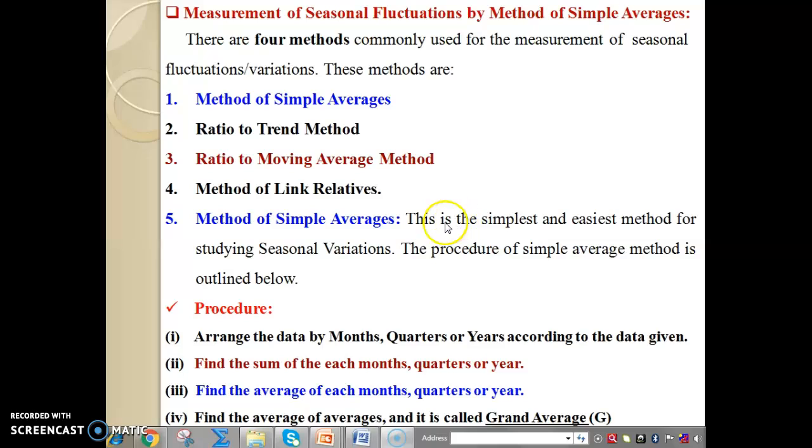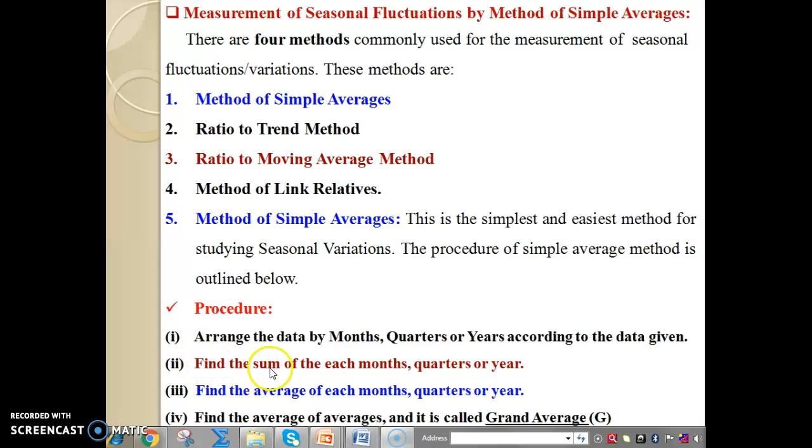The important procedure or steps of this method are as follows. First step, arrange the data by months, quarters or years according to the given data.